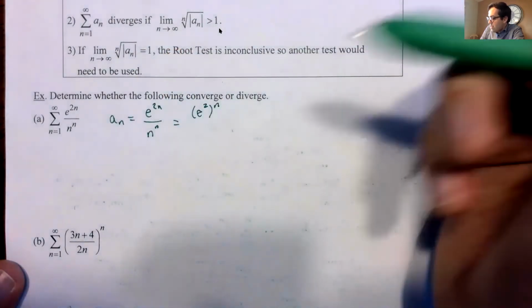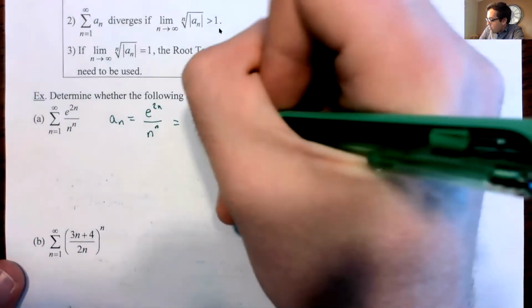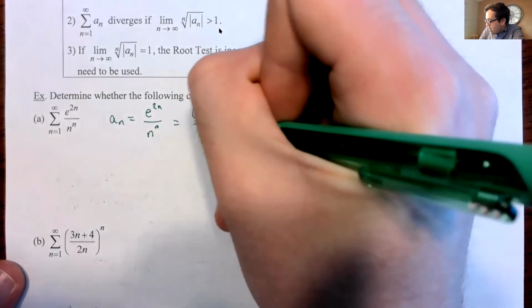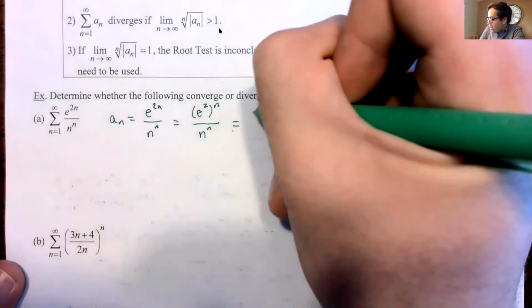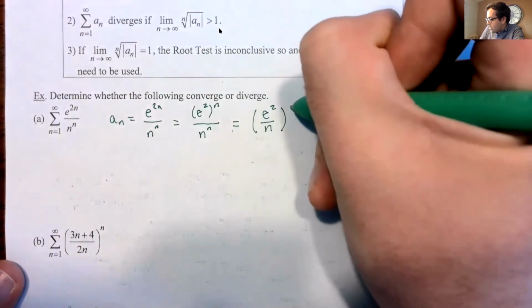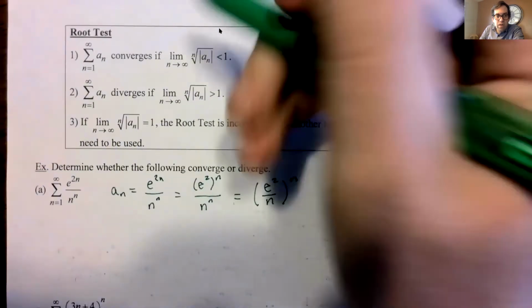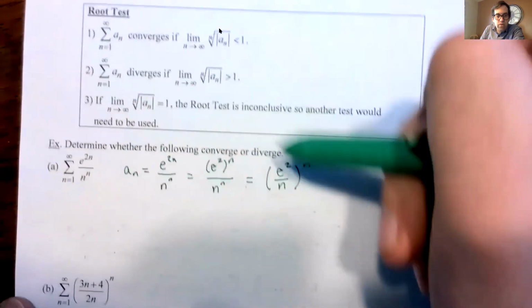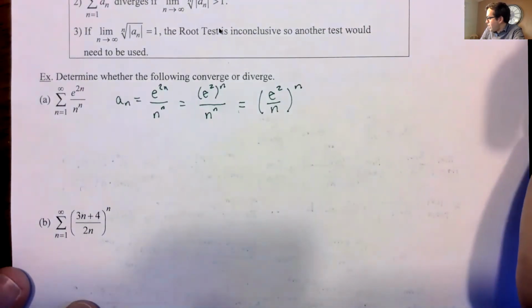Now, because of properties of exponents, that's the same thing, right? 2 times n becomes 2n over here. The bottom is still going to be n to the n. And now, since the numerator and the denominator are to the nth power, I can write this as e squared over n, the quantity, to the nth power. That's really nice because when I plug it into this limit, this nth root can cancel out with this nth power. You'll see. Okay, so let's try it.